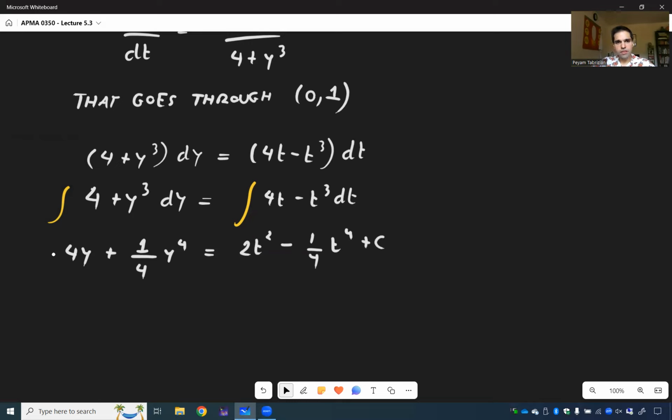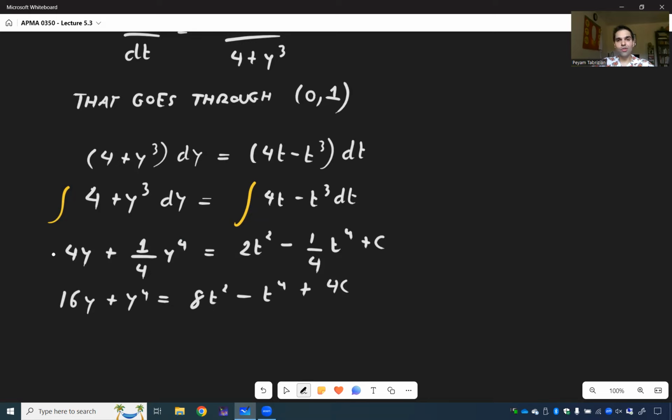plus c. Technically I should have added a c and a c prime and then combined them, but I'll just do it faster. And then, for instance, let's turn this 1/4 y to the 4th into y to the 4th. So multiply by 4. So 16y plus y to the 4th equals 8t squared minus t to the 4th plus 4c.